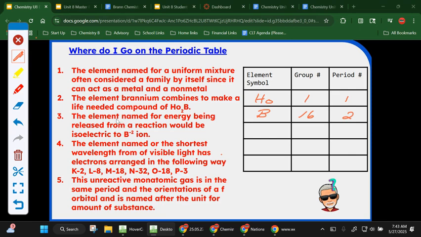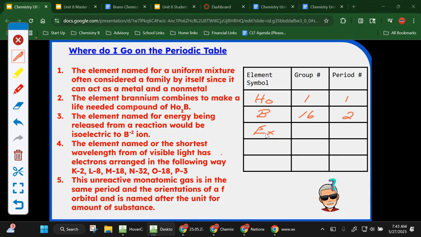Okay? This element named for energy being released from a reaction would be isoelectric to B minus 2 as an ion. All right. What element is named for energy being released? Elsa, what element is named for energy being released on your blue sheet? EX, exothermic. Thank you. All right. Now, here is where B2, B minus 2, would be on your periodic table, in the spot marked for oxygen.